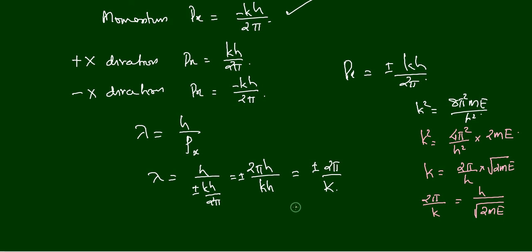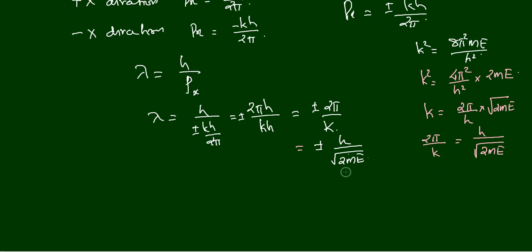So I can write it here like lambda equal to plus or minus h divided by root of 2me. So the wavelength associated with the particle is equal to Planck's constant divided by root of 2me, where m is the mass of the particle and e is the energy of the particle.